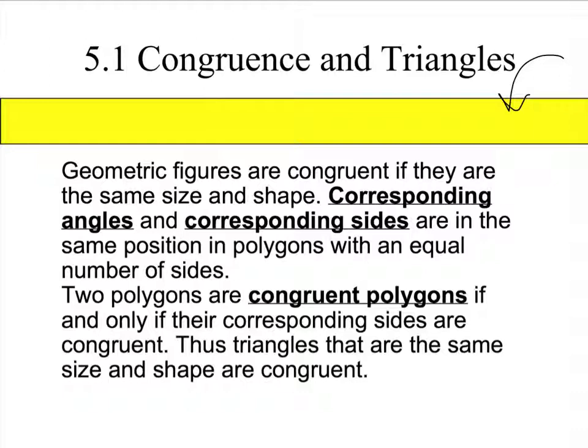Thus, triangles that are the same size and shape are congruent. That is important. Same size and shape are congruent. So we're going to be talking about corresponding sides, corresponding angles, the congruency between them, the congruency between the triangles. It is going to be a great lesson.